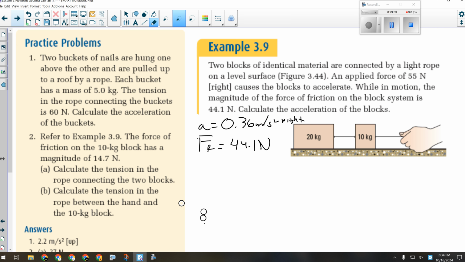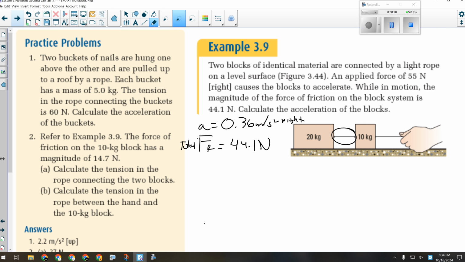That's in total on the entire system, so we'll just write total beside that. The additional piece of information they give you is that the force of friction on the first block is 14.7 newtons. They want you to find the tension in the middle rope.